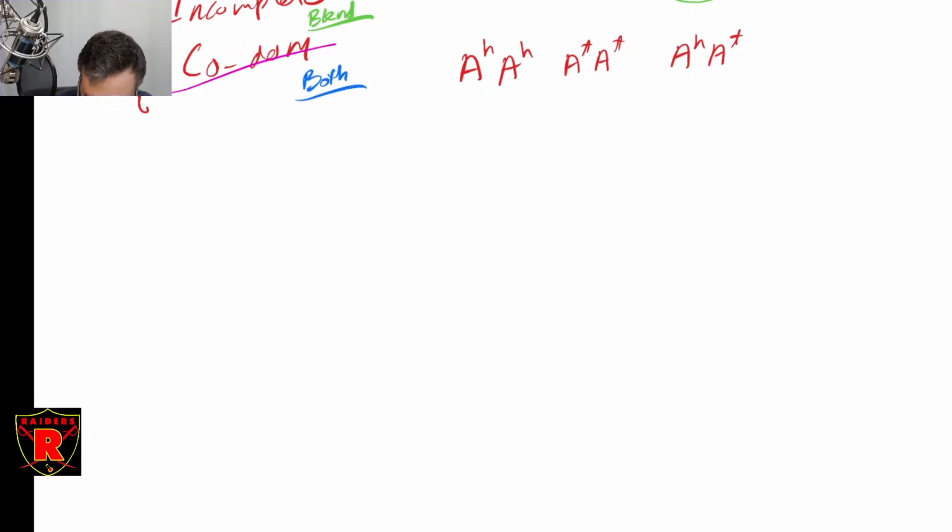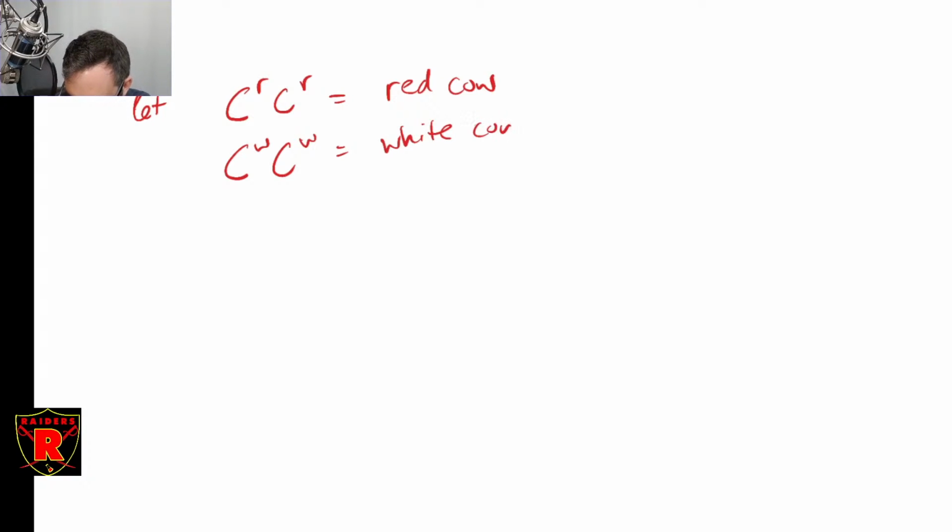Okay, so I'm going to do some let statements here and say let CR, and notice the small letter R's here. This is for codominance. CR is red cow. And CW is white cow. And CRCW is roan cow. Which again is white and red hairs, both.